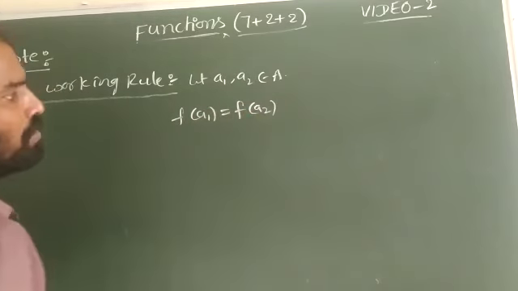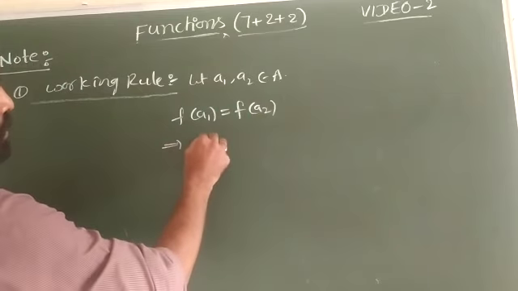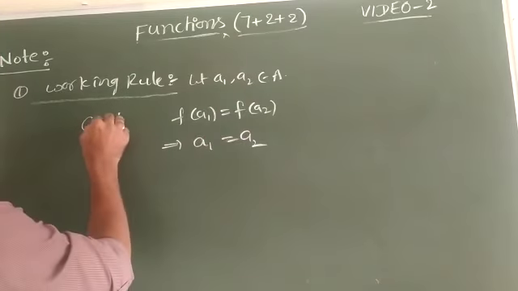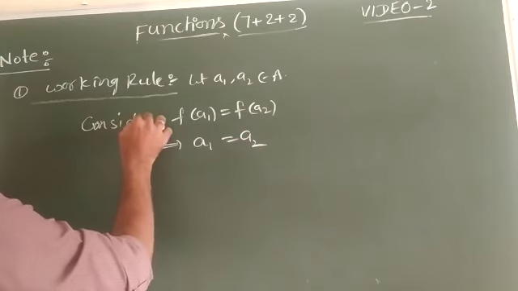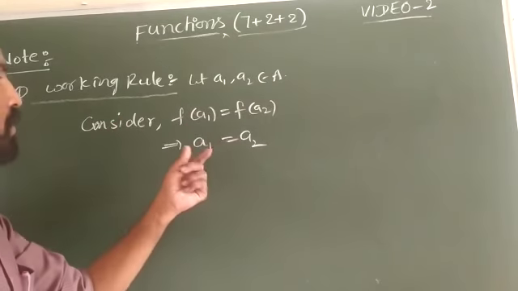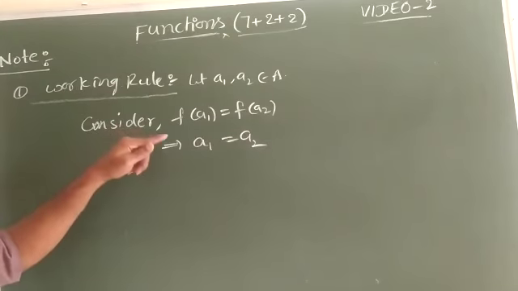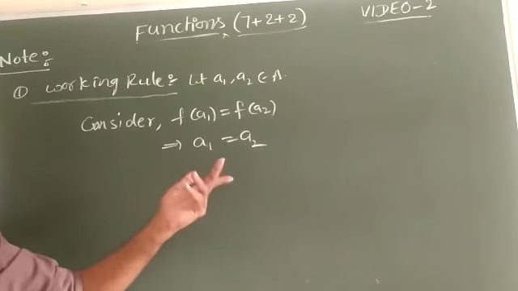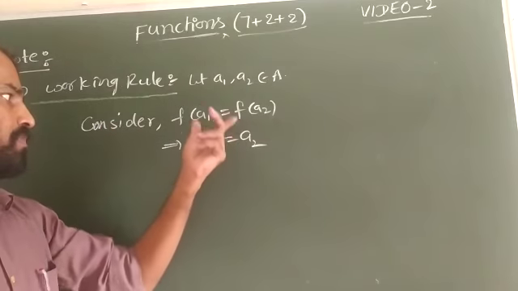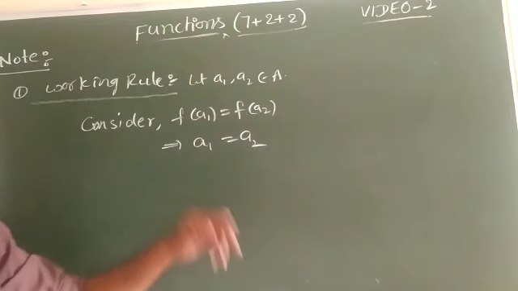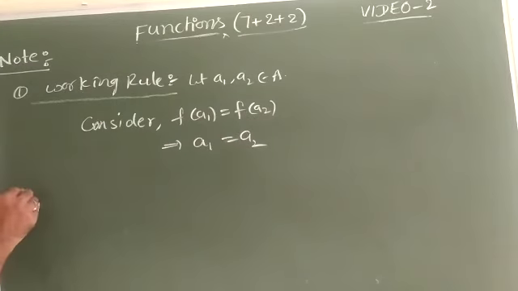That implies A1 is equal to A2. f of A1 equal to f of A2 అయితే then A1 is equal to A2. So this is the working rule for one function. Whereas for a function it is the reverse: if A1 equal to A2, then f of A1 equal to f of A2. Okay. Next.